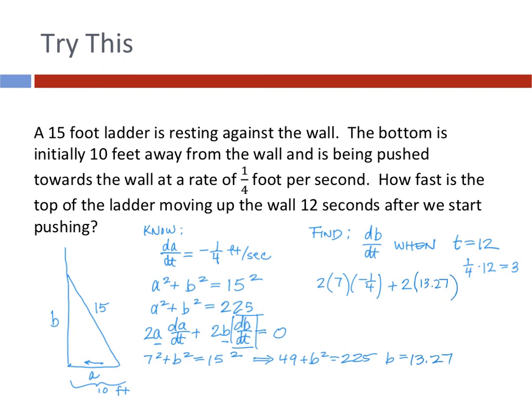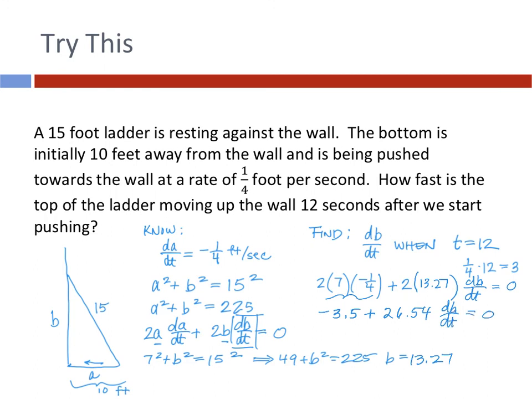All right, so now we have our B value and we can plug it in there. 13.27 times dB over dt, and that equals 0. Now it's just a matter of solving for dB over dt. I'm going to multiply these two, and I get negative 3.5 here, plus 26.54 dB over dt equals 0.